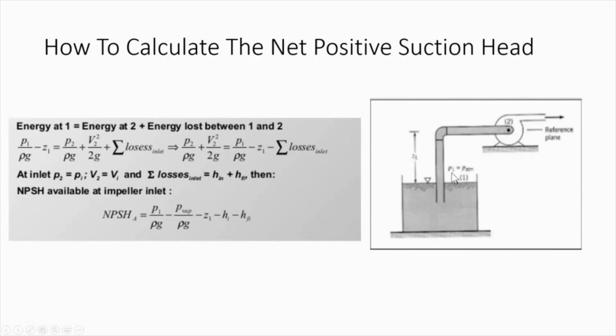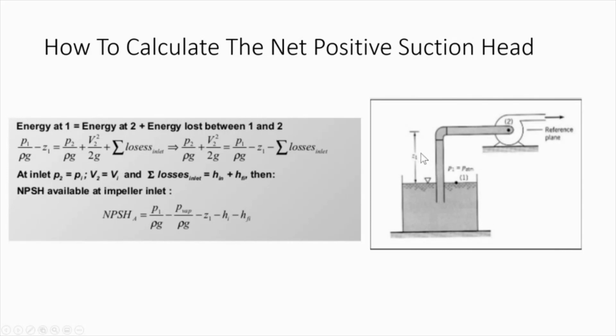So let's say this is your point 1 and the height is z1. You're measuring from this point, or this center. If that's z1 for point 1, for point 2 the height is 0, because it lies exactly on the line of the reference.